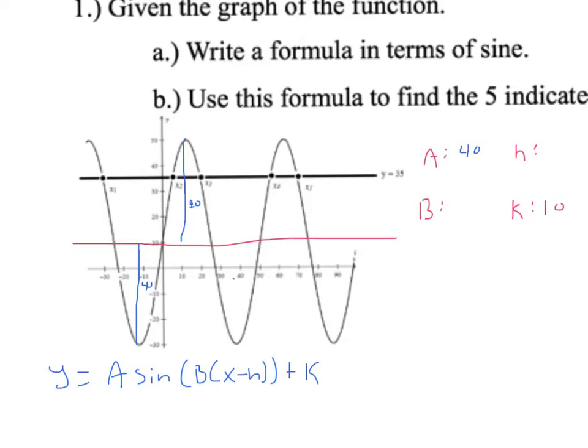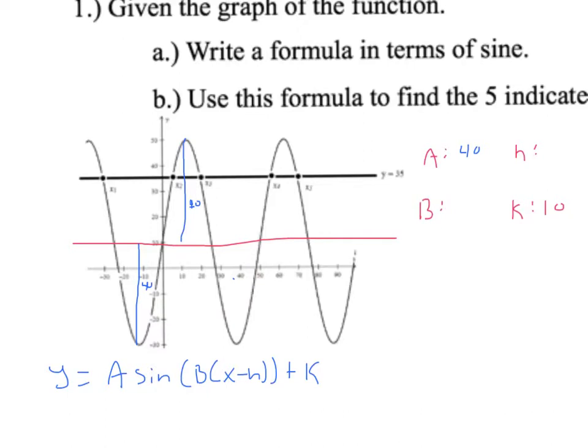Now to find the horizontal shift, let's start on the midline and on the y-axis and look for the first place that we see a graph of sine. Well, in this case, there's a point on the midline on the y-axis, and it goes up to the maximum, all the way down to the minimum, and back to the midline. So that completes our first cycle for sine.